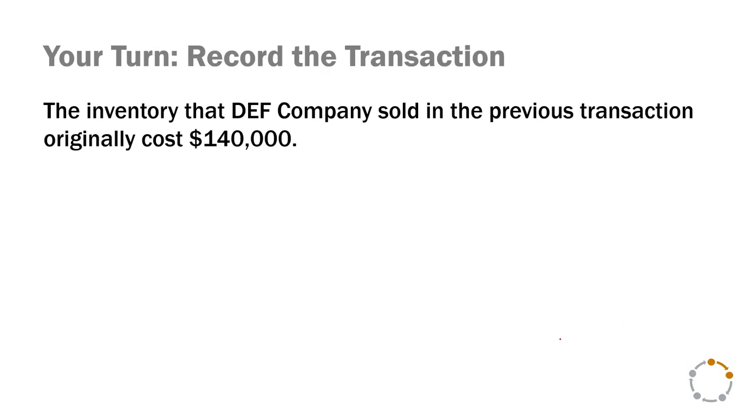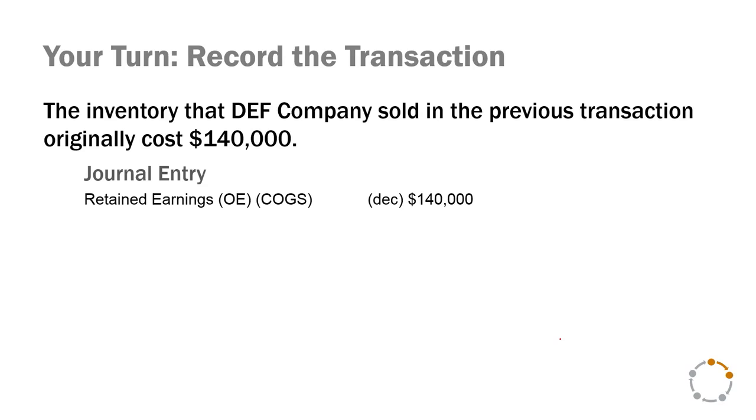Let's see how you did with this one. Did you remember to record that journal entry? Let's talk about that. When we're recording expenses, recall that we make a left-hand side entry or a debit to the retained earnings account. And we make a notation out beside that entry to indicate what type of an expense that entry represented.